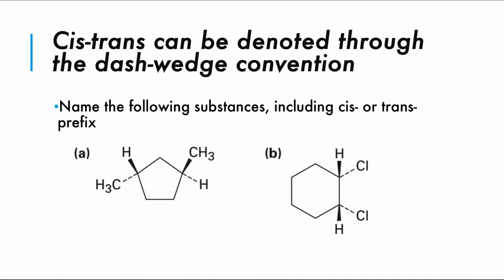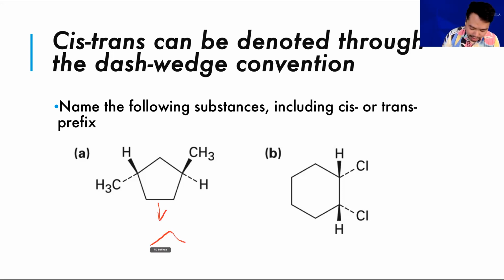Sir, pwede po mag-clarify lang. About po dun sa cis-trans, paano ko po malalaman kung pwede siyang maging cis-trans or pag-constitutional isomer lang? Remember that it's always a relationship. So, ang isomer, so malalaman natin ang isomer nito, dapat ganun din yung pagka-bond.